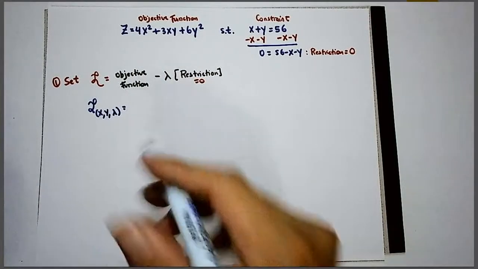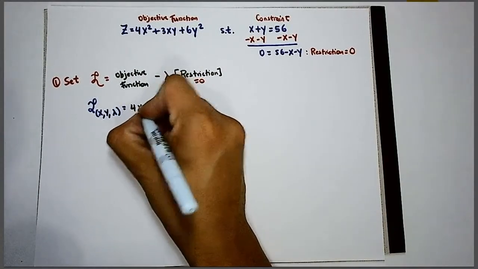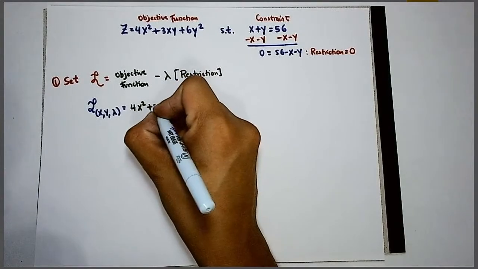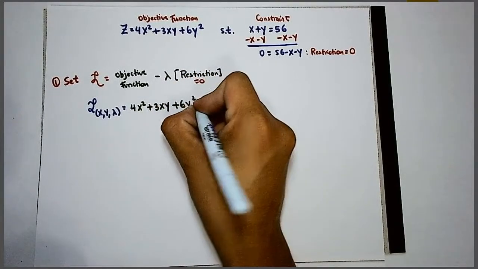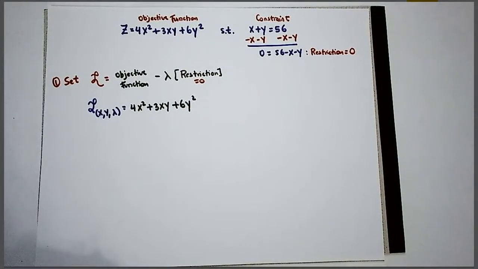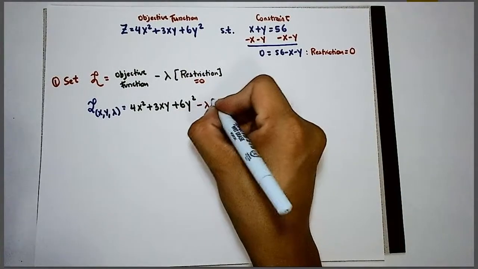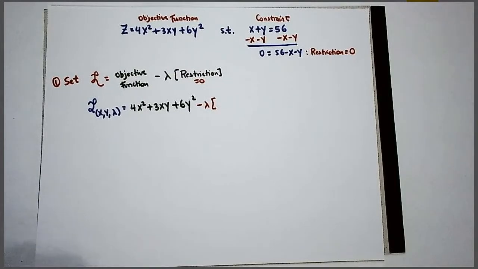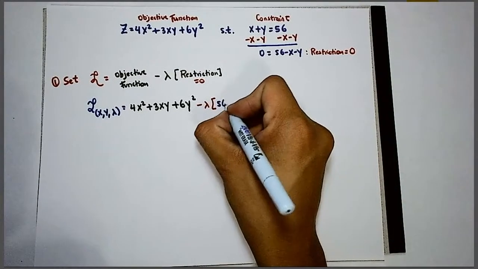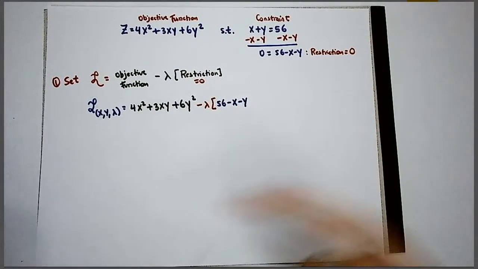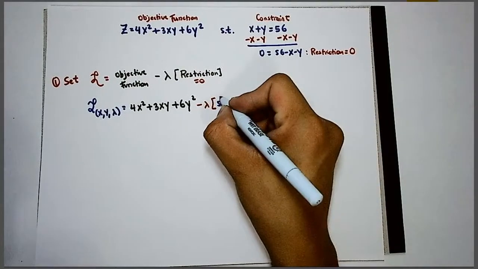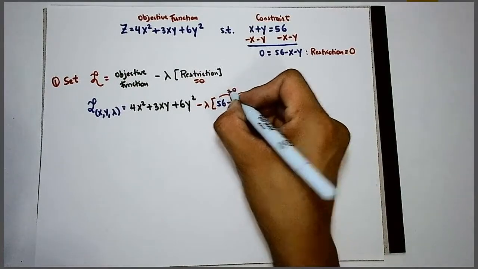So this is 4x squared plus 3xy plus 6y squared minus lambda times, here we have the restriction, which is 56 minus x minus y. And notice that this must always be equal to 0.